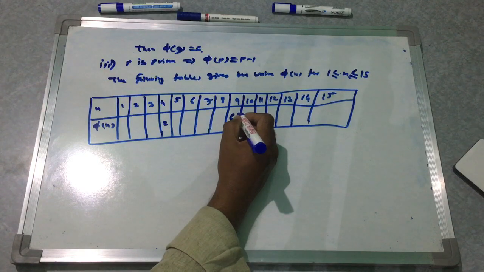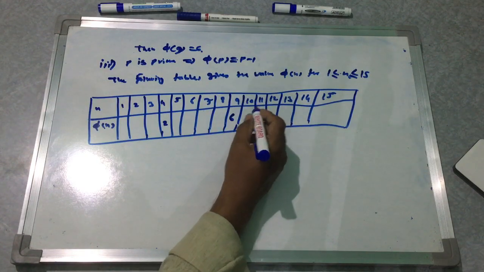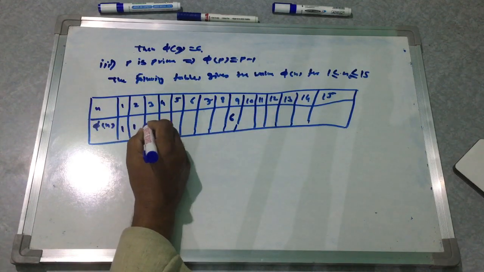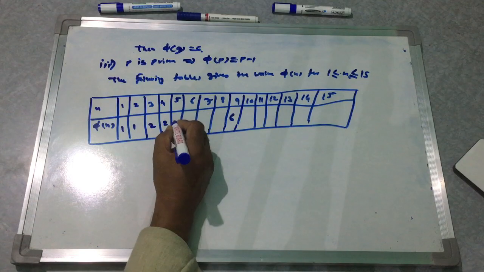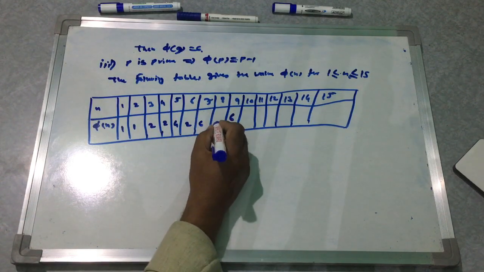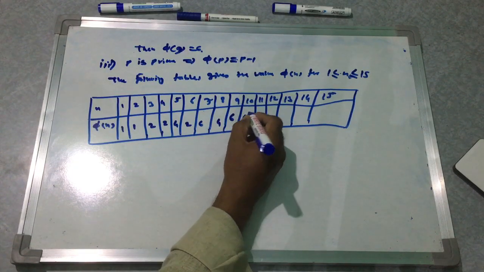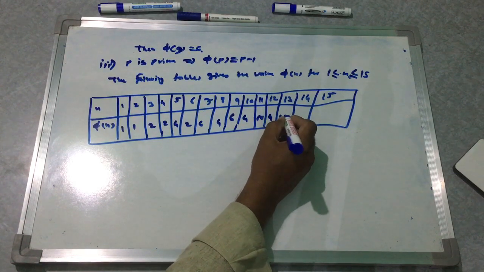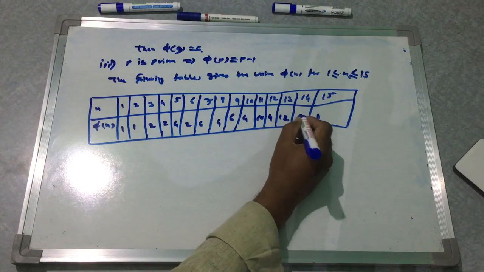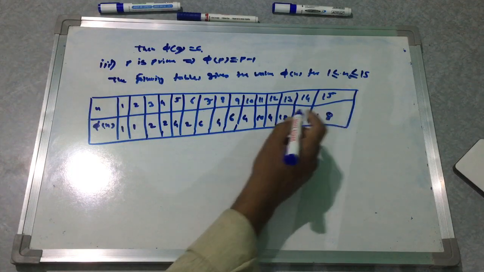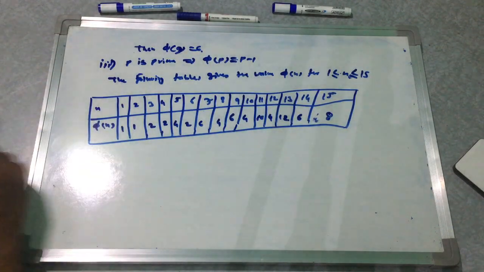We have to write here 1, 2, 4, 2, 6, 4, 4, 10, 4, 12, 6, 8. In this manner we have to make a chart.